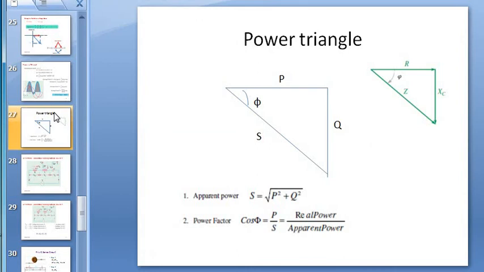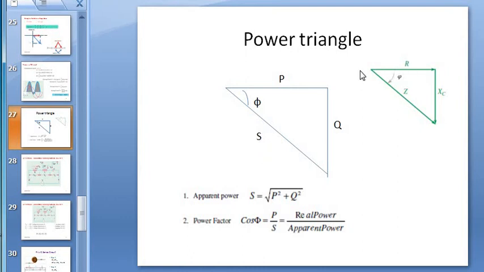The next is the power triangle for the RC circuit. How to obtain the power triangle? Same as the RL circuit. From the impedance triangle, we can obtain the power triangle. This is the impedance triangle. Multiply all the sides of the impedance triangle by I square. I square Z is S, the apparent power.